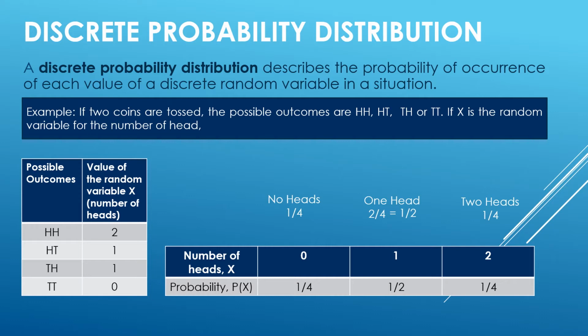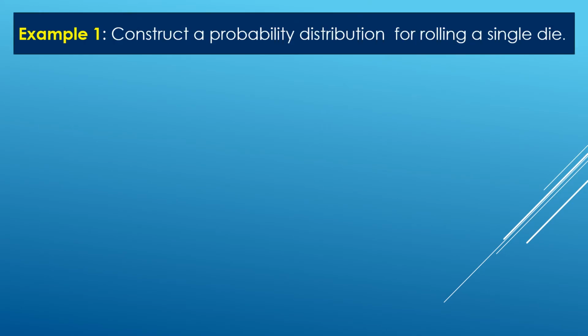Okay, we go to the next. Construct a probability distribution for rolling a single die. Okay, if you will imagine that a die has 6 faces, and this is the sample space. If we're going to roll a die, there is a possibility that 1 dot will come out, 2 dots, or 3, or 4, or 5, or 6 dots.